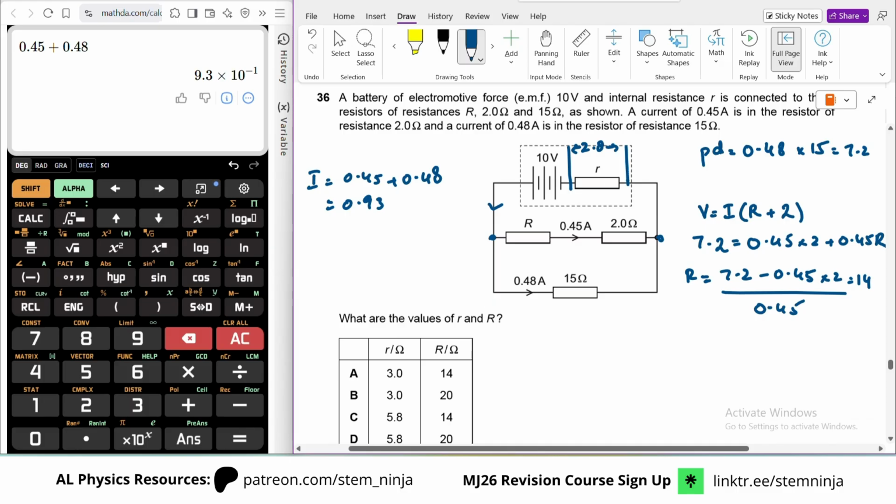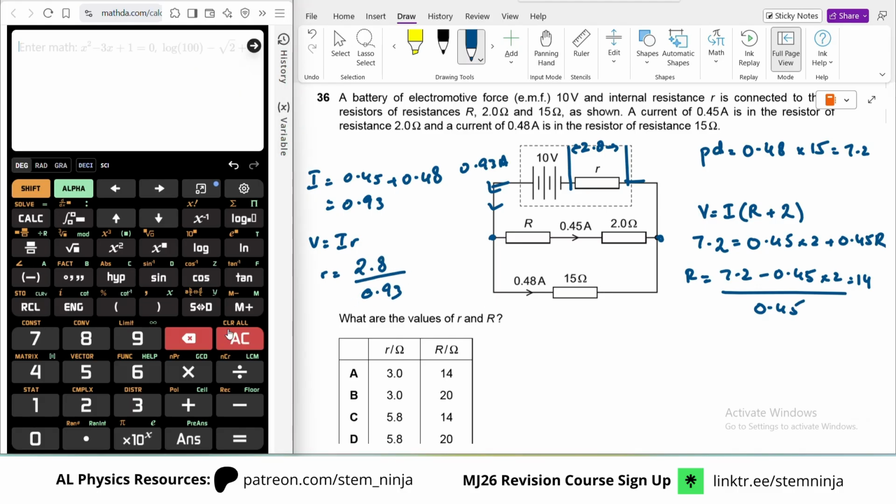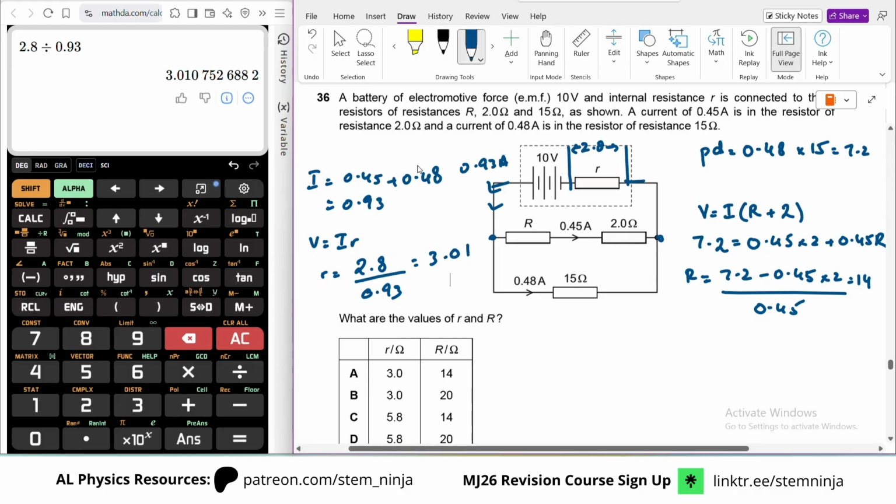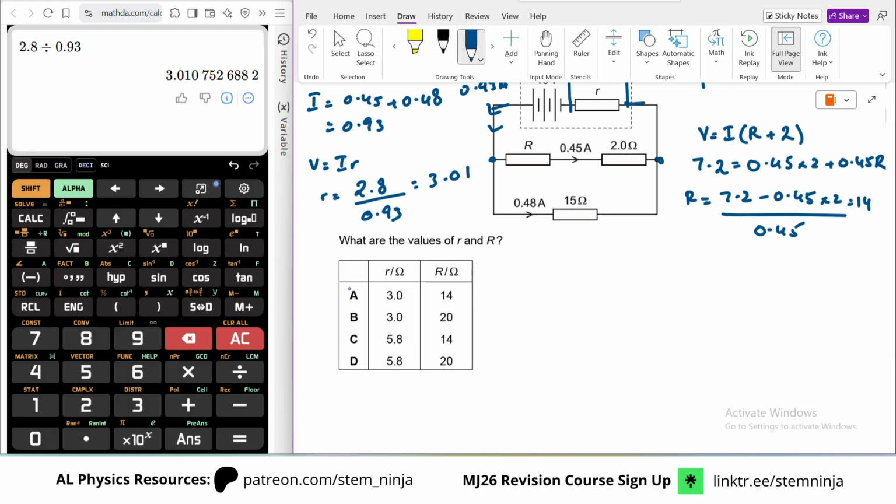So 0.93 amps is actually flowing through the internal resistance. So V is equal to I r, 2.8 divided by 0.93, which is 3. So 3 and 14 are the correct ones.